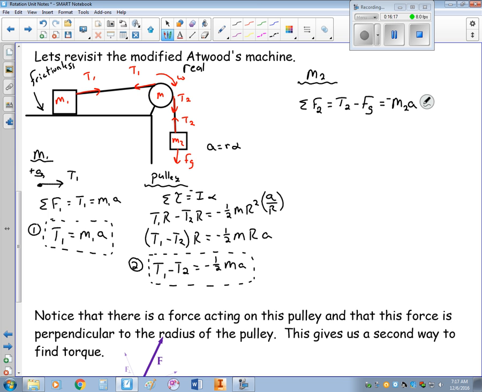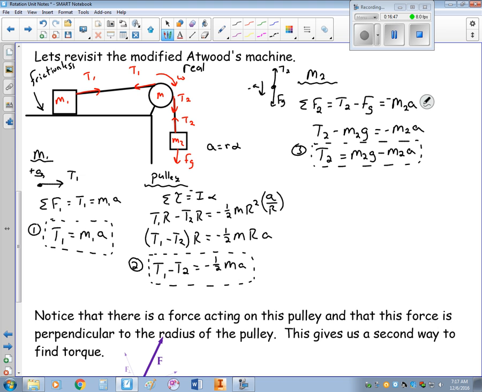And it's negative because M2, when I take a look at this, it's going to have a negative acceleration. I'm going to call that equation 3.